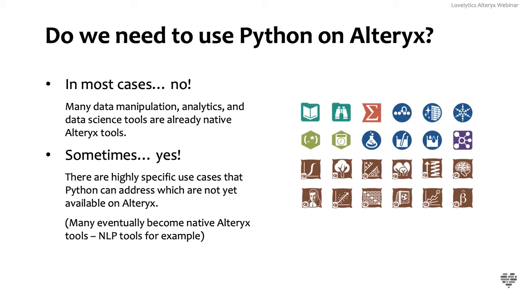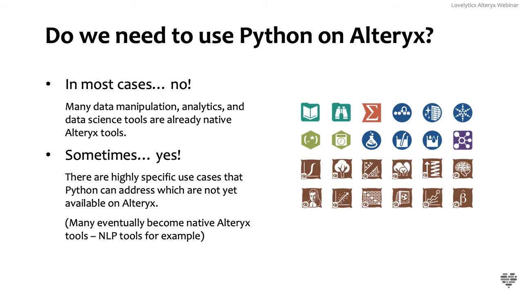Natural language processing used to be something that was only really available through the Python tool in Alteryx, because that's where you can bring in libraries for sentiment analysis, emotion tagging, and text topic modeling, for example. All of these things used to only be available in Python itself, but now with the latest Alteryx edition, I think it's the Intelligence Suite, you get NLP tools native in Alteryx itself.